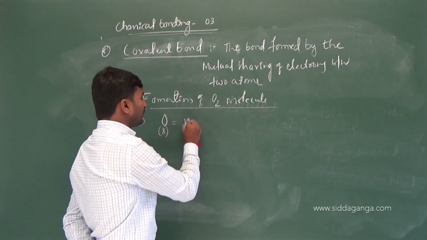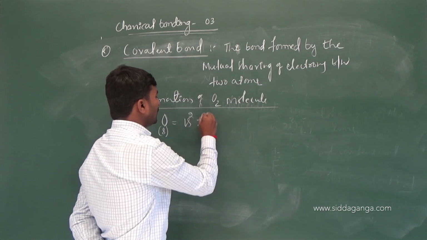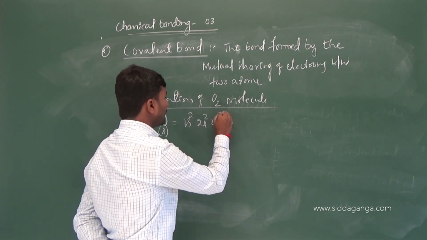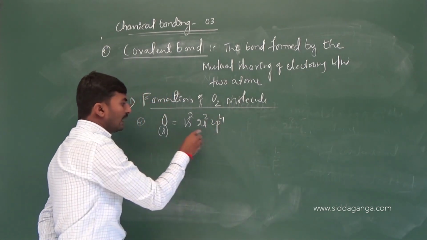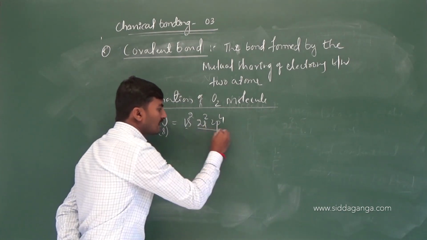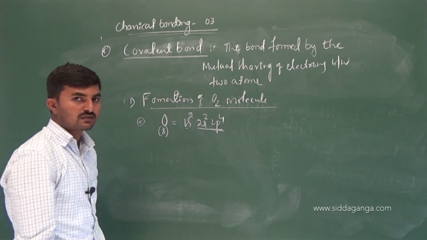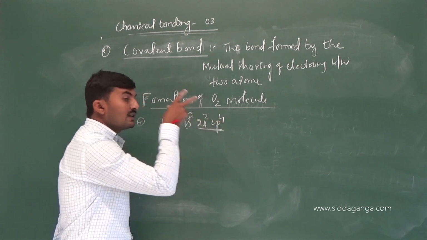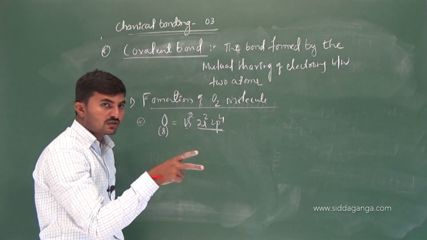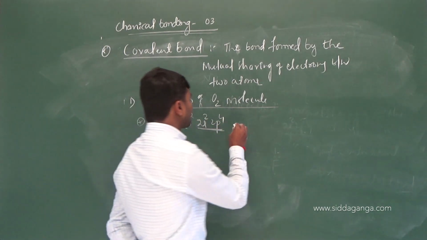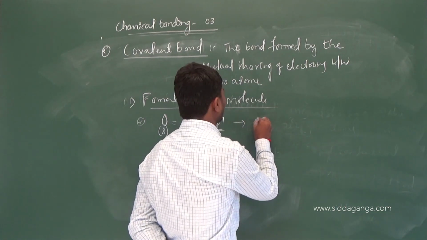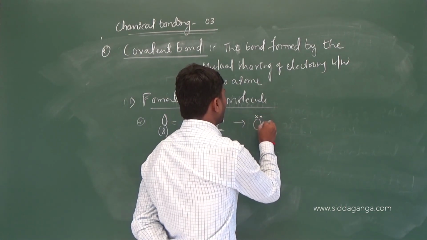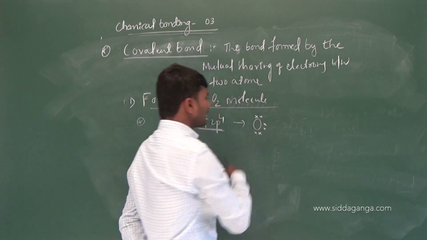It has the configuration 1s2, 2s2 and 2p4. How many electrons does this oxygen contain in its valence shell? It consists of 6 electrons in its valence shell, represented like this: 2, 4, 6.